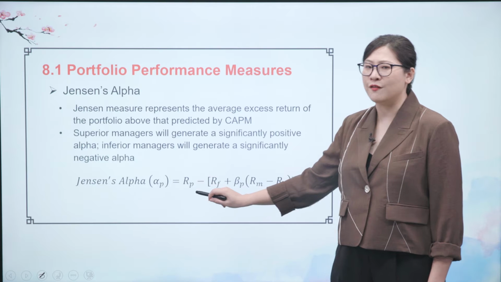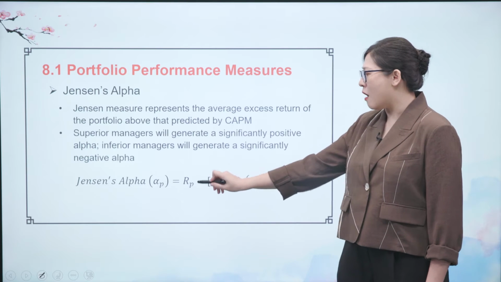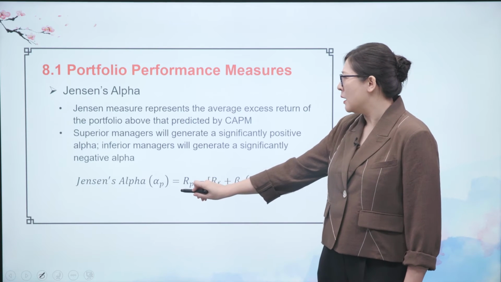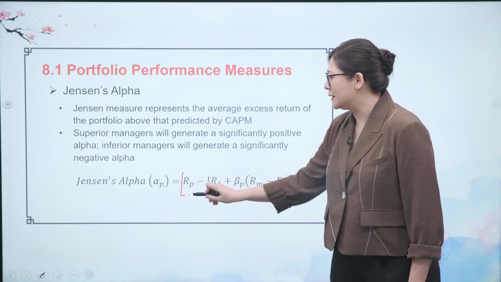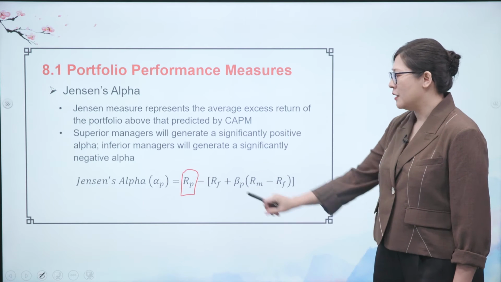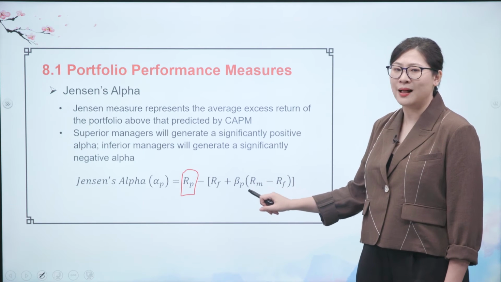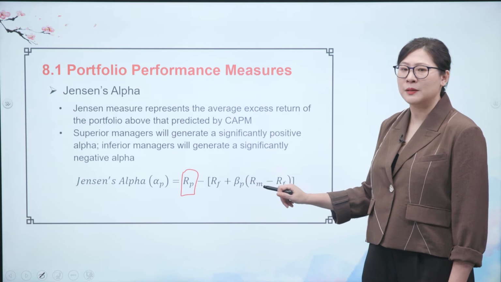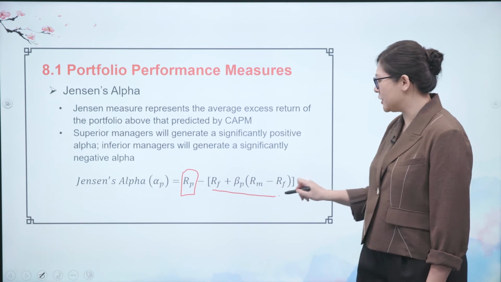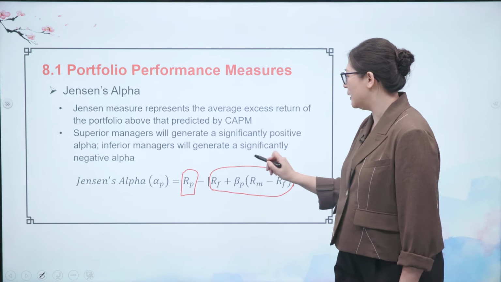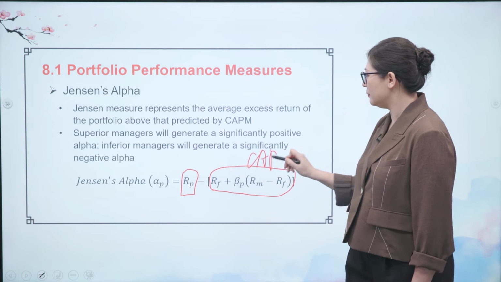Jenkins Alpha should equal Rp, that's the realized return, minus Rf plus beta multiplied by Rm minus Rf. Therefore, we know this part is from the CAPM.